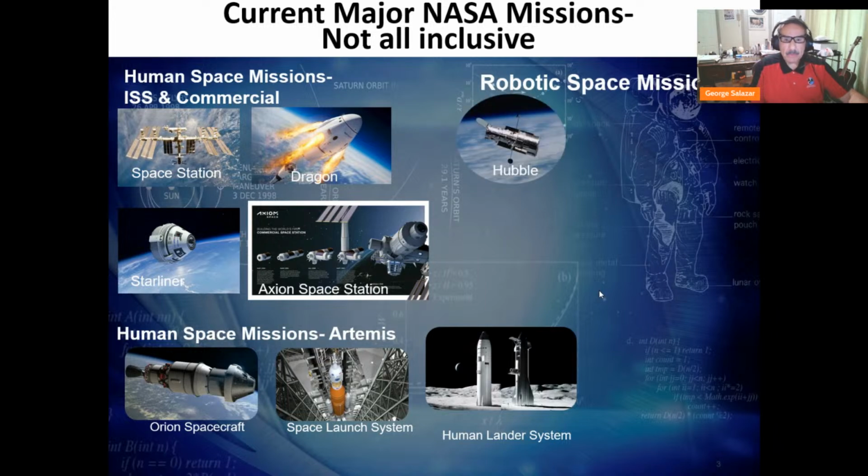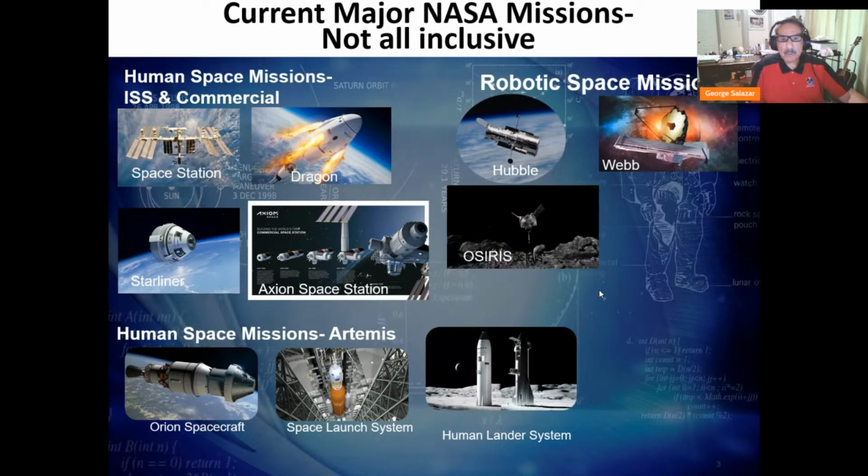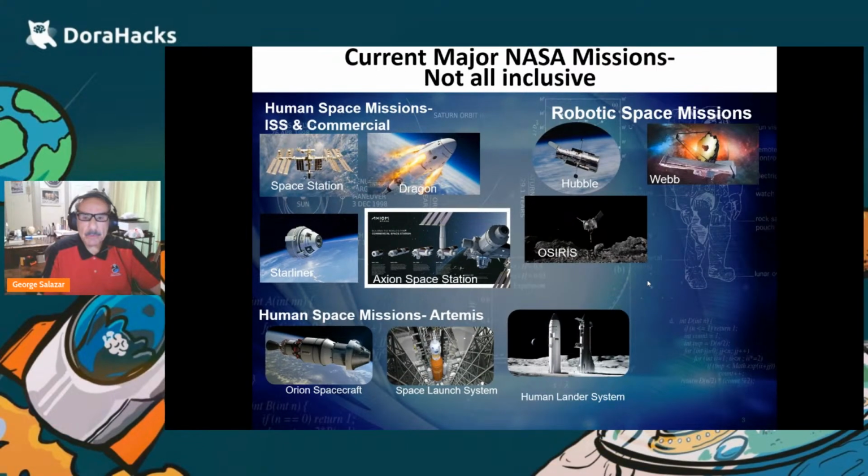Robotic space missions. Currently, Hubble is still out there doing great work capturing pictures. And of course, more refined pictures come from the James Webb telescope. OSIRIS-REx is the one that returned samples from an asteroid. And right now at the Johnson Space Center, they're looking at the samples of that asteroid and seeing what the composition of it is.